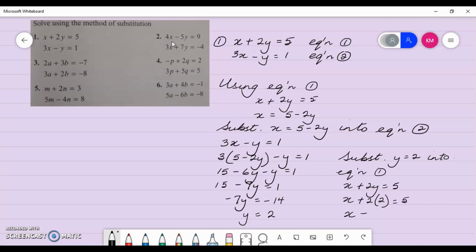So I get x plus 4 is equal to 5. x is therefore 5 take away 4, which is 1. There you have it, your answers for your two variables for the first question.